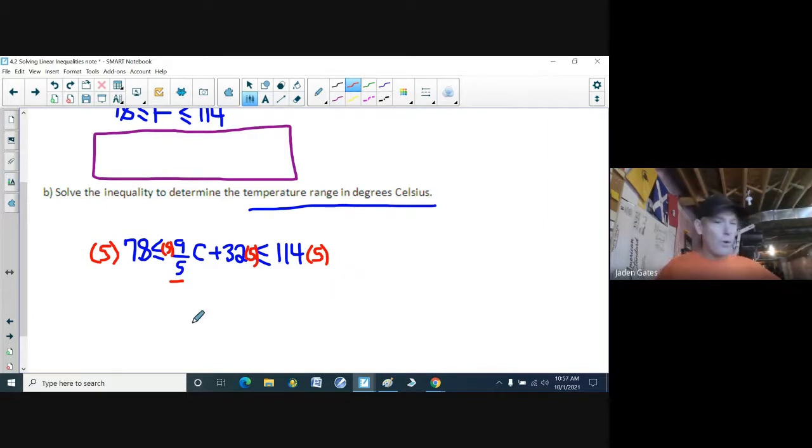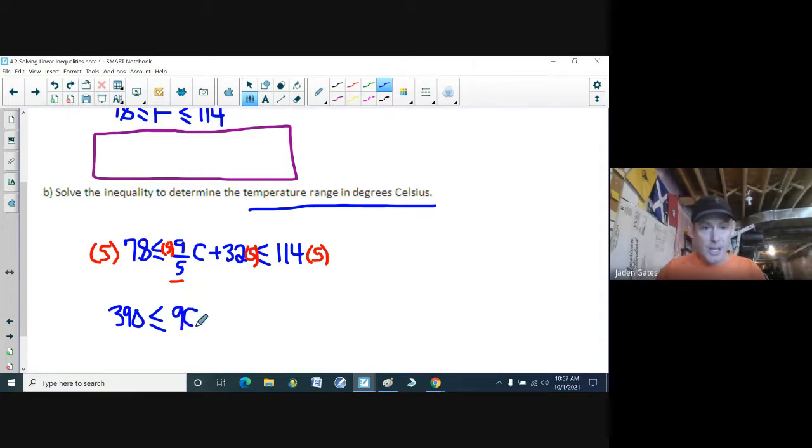All right, so out comes a calculator here. 5 times 78 is 390. It is less than or equal to, now I've got 5 times 9, which is 45, divided by 5 is 9.